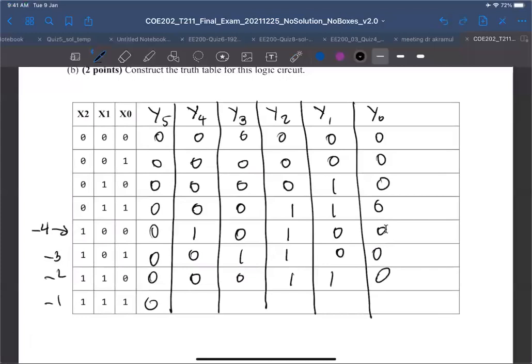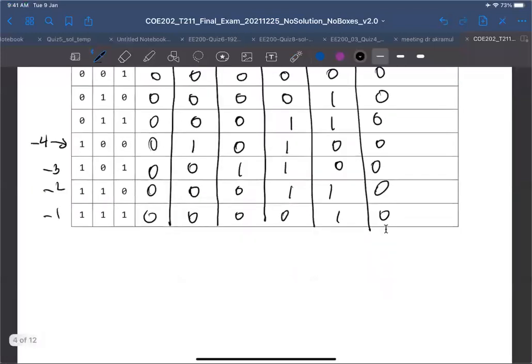And then finally, -1: -1 squared is 1, and minus -1 is going to be plus 1. So the answer is going to be 2. So this is 0, 0, 0, 1, 0. And that's the truth table.